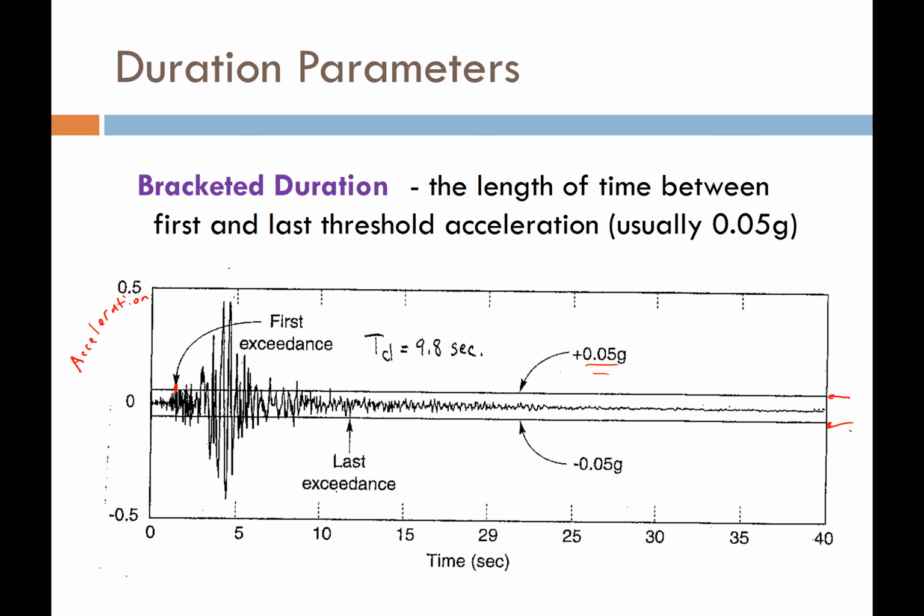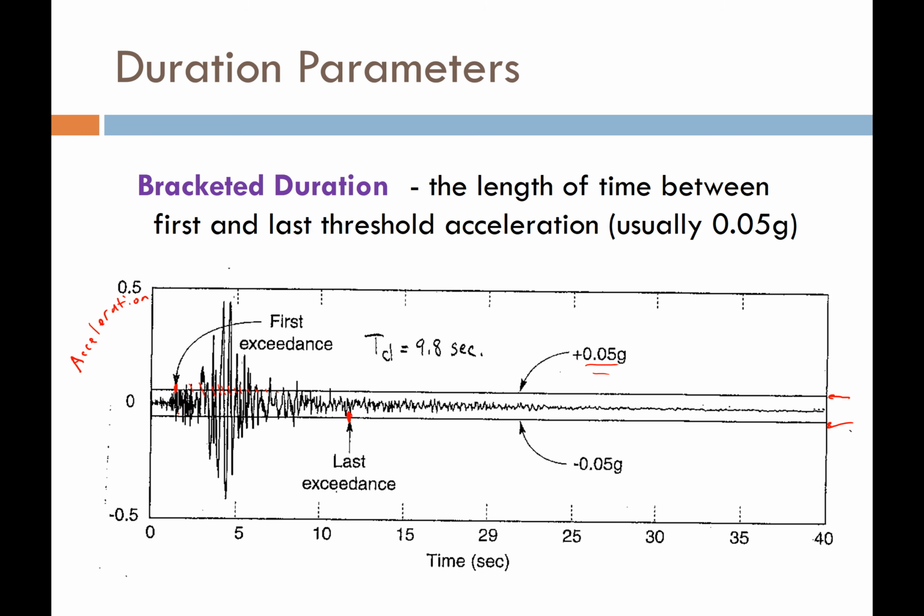And you can see after it crosses it for the first time, it's crossing it multiple times all through here. So that's fine. We're just letting it do its thing. We're going to find the very last instance that it crosses our bracket or our threshold acceleration.